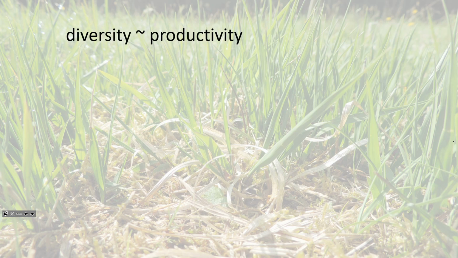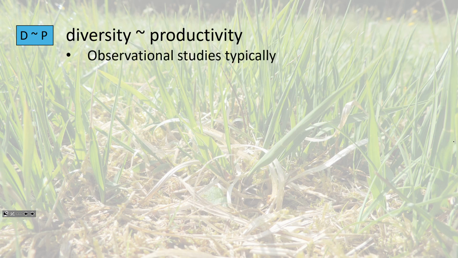Starting a little bit broadly, we will focus on two perspectives on how to look at the relationship between diversity and productivity. First, we will try to predict diversity by productivity, and I will try to mark this throughout the whole presentation by this blue rectangle.